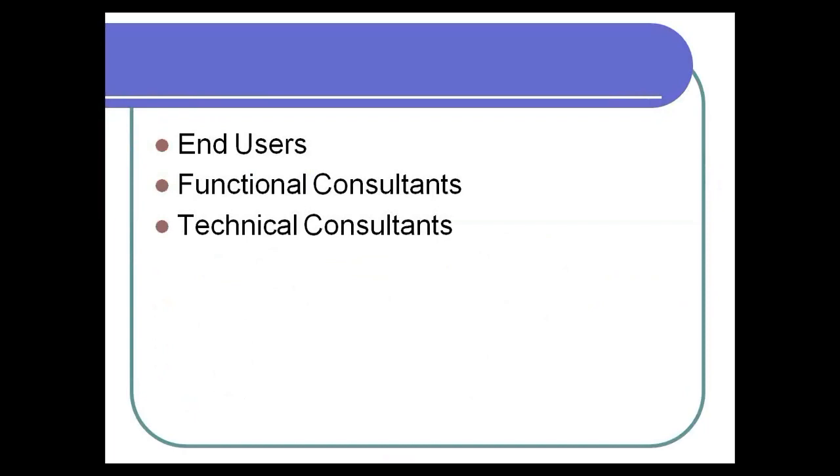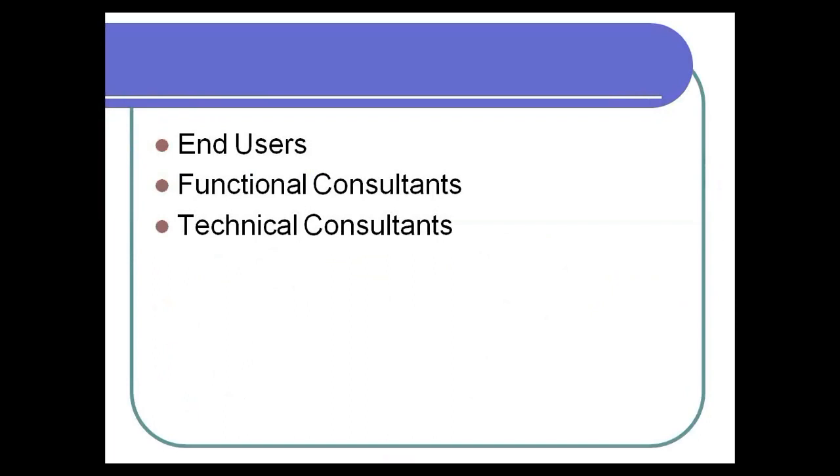To do your day-to-day job, you'll be using the SAP system, either to take orders or create invoices, anything like that. So you are the end user, the person who's actually working in the company to do the business. He'll be using the SAP system to carry out his day-to-day activities.